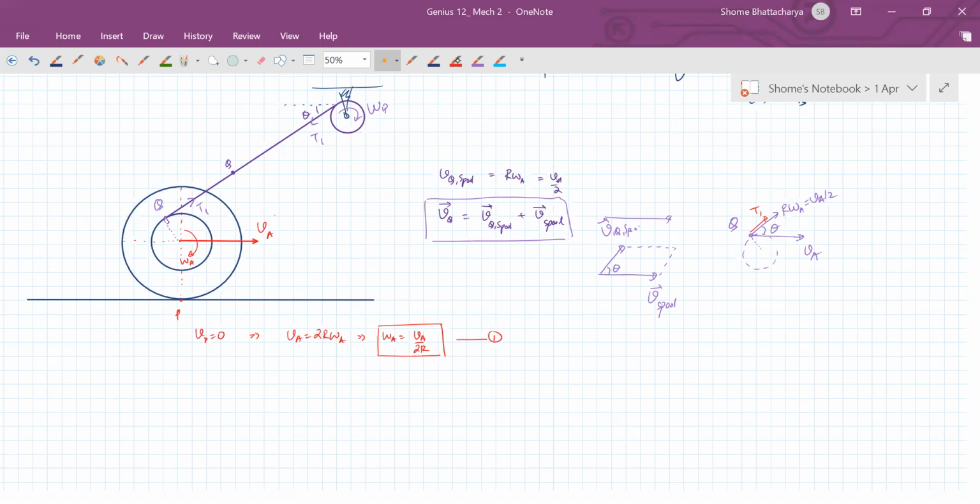Okay, so power delivered by this tension T1 on the spool is T1 dot product with the velocity of that point Q. Just take this point Q as this one.